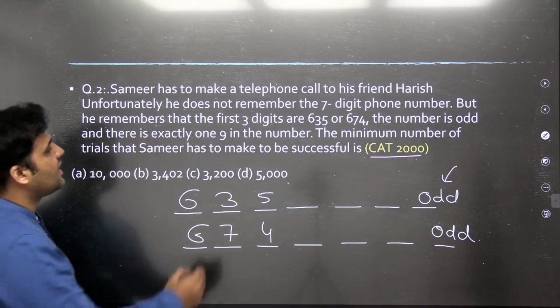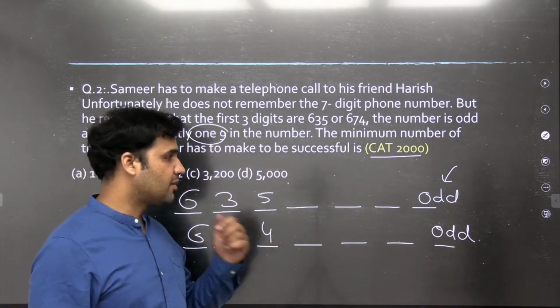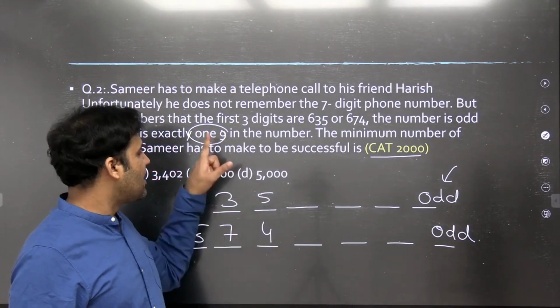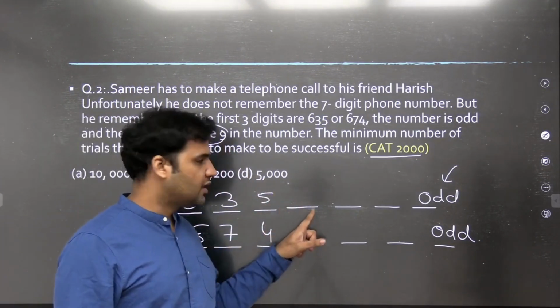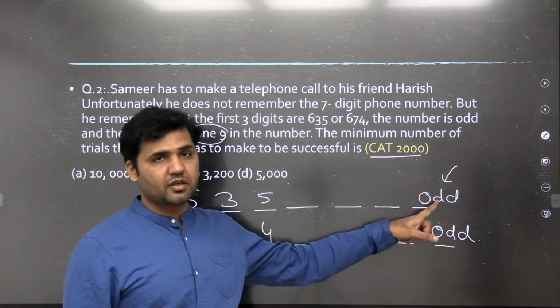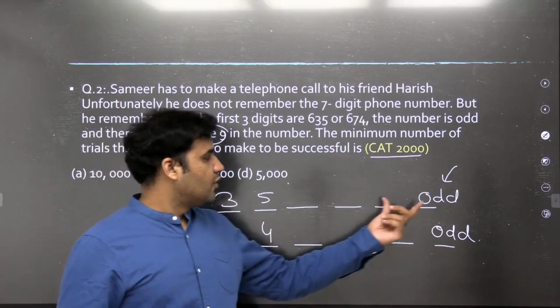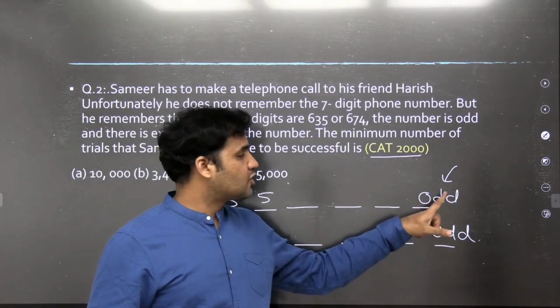And there is exactly one 9 in the number. That 9 can appear over here, on this position, or here also. But there is a contradiction now, because to make the number odd, I can also place 9 at the unit position.